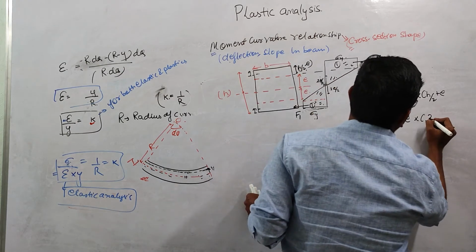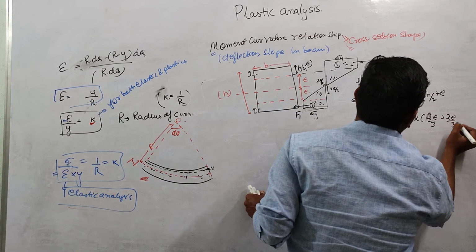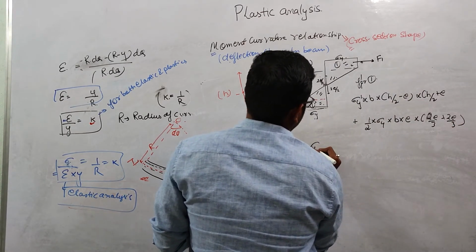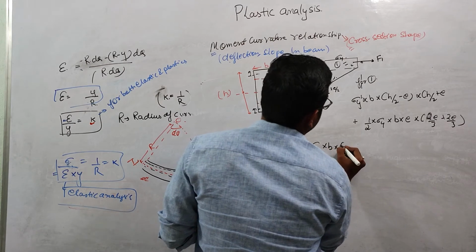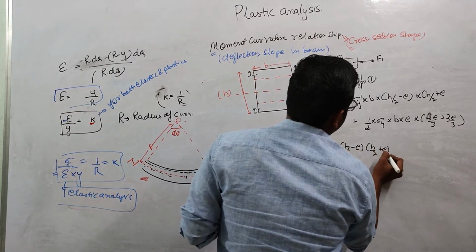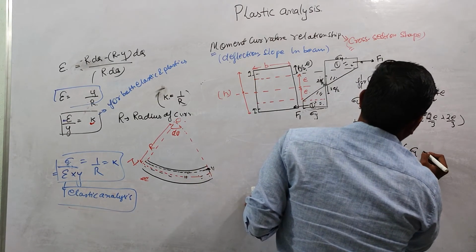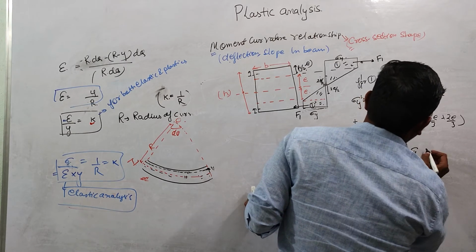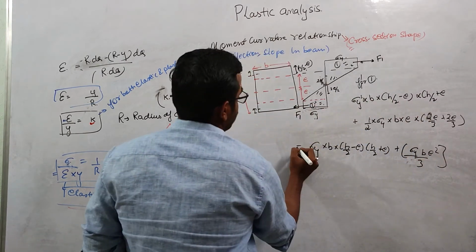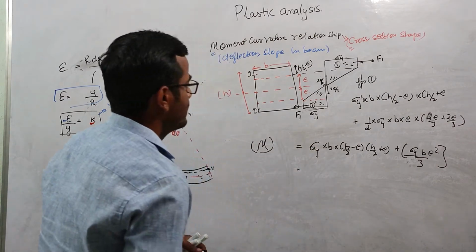So this will be 2E by 3 plus 2E by 3, right? So the value will be sigma y into B into (H by 2 minus E) (H by 2 plus E), plus sigma y B E square over 3. This is the value of this moment when the material is in elastic-plastic state, right?